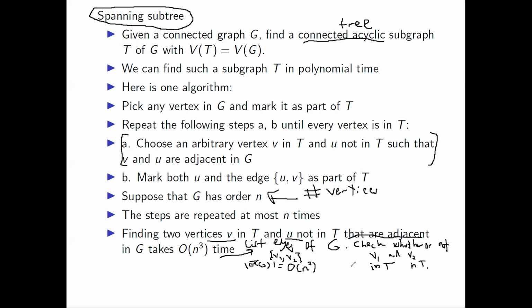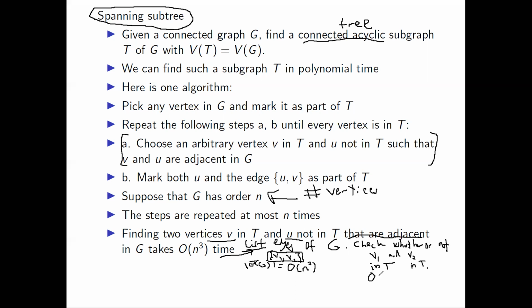It could be theta of n squared. It could be little o of n squared, but it's definitely big O of n squared. So that list has length big O of n squared. And then for each edge on that list, V1, V2, we just check for the given V1 whether it's in T, and the given V2 whether it's in T.